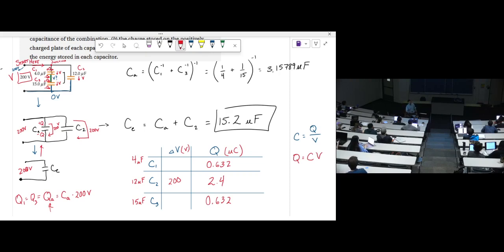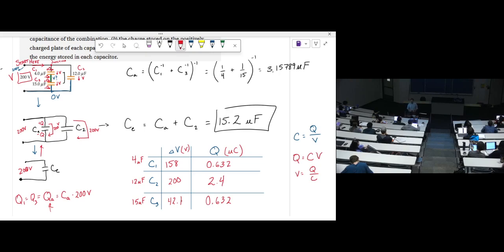So how do I calculate the voltage drop across each capacitor? Yeah, go back to this original equation. We can rearrange it such that V is equal to Q over C, taking this charge and dividing it by this capacitance. For C1, you end up getting a 158 volt drop across C1, and you end up getting a voltage drop of 42.1 volts across C3.